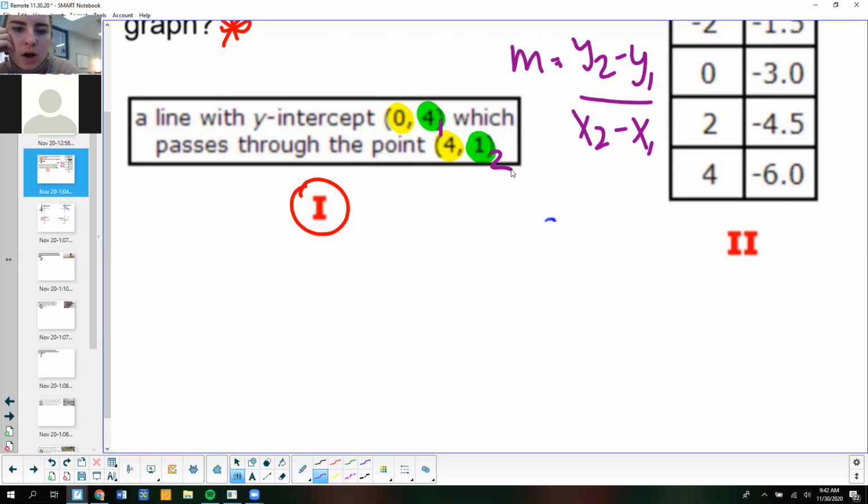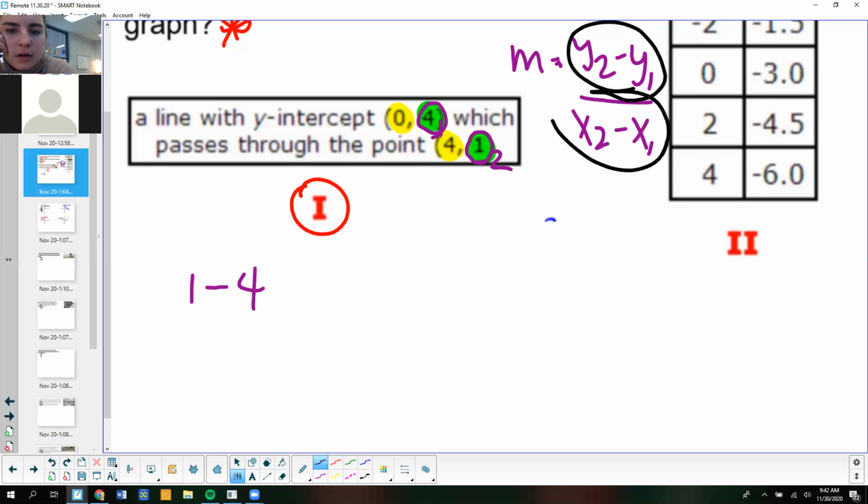So I'm going to take y2, which is going to be positive 1, minus y1, which is going to be positive 4. And those of you who are confused where I'm getting these numbers, all I'm doing is using this formula right here. I'm taking my y2 minus my y1. So I'm taking my y values. Those of you who have consistently been to class should recognize what this looks like: x comma y, x comma y.